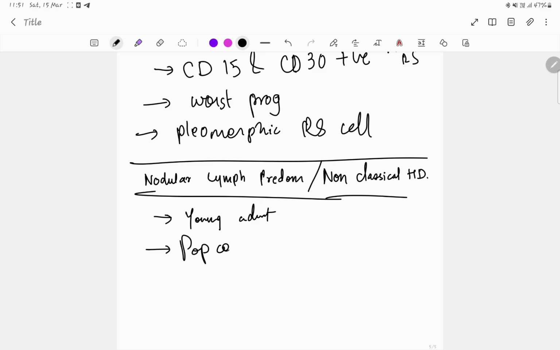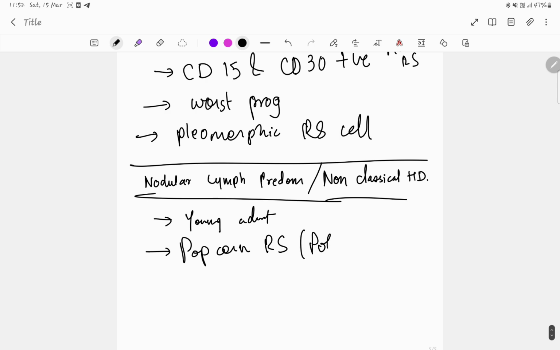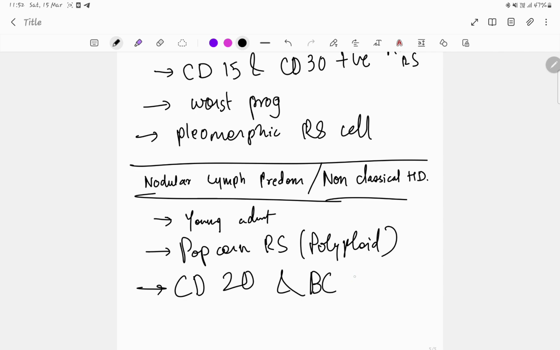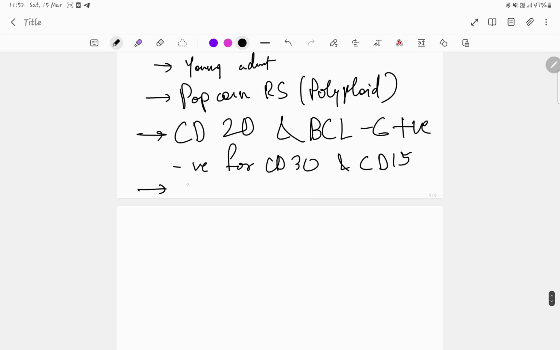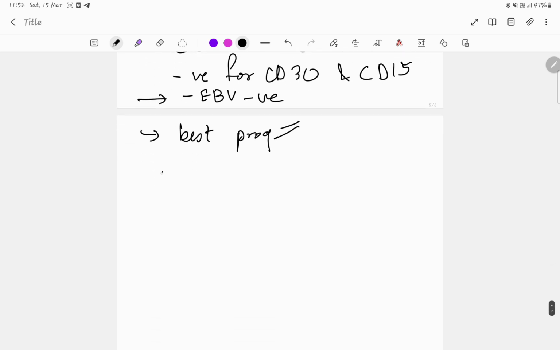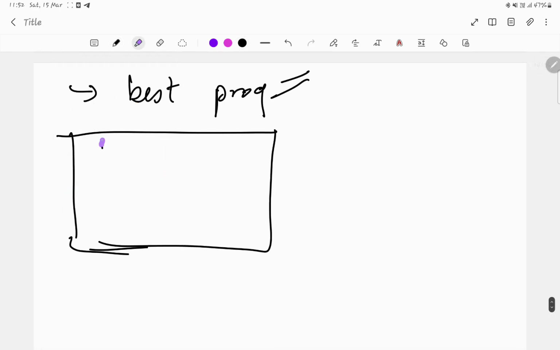The characteristic is the popcorn RS cell. Popcorn RS cells are also called polyploid cells. It is CD20 and BCL6 positive. It is negative for CD30 and CD15. It is also negative for EBV, and it has the best prognosis. It can be cured. Whatever happens in young people is very curable, is what we have to remember. This is not logic, but it's a trick to remember.